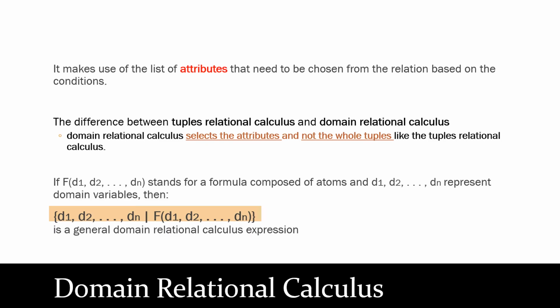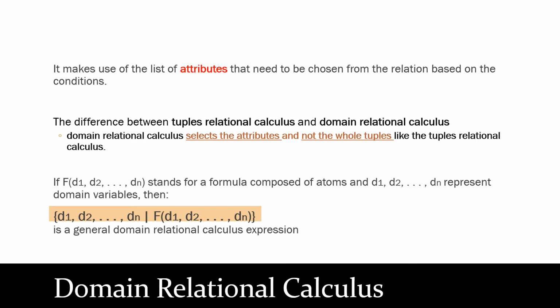It makes use of the list of attributes that need to be chosen from the relation based on the conditions. The difference between tuple relational calculus and domain relational calculus is that domain relational calculus selects the attributes and not the whole tuples like the tuple relational calculus.